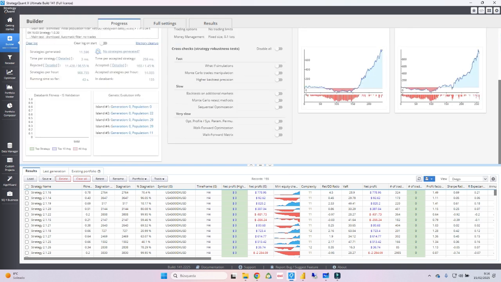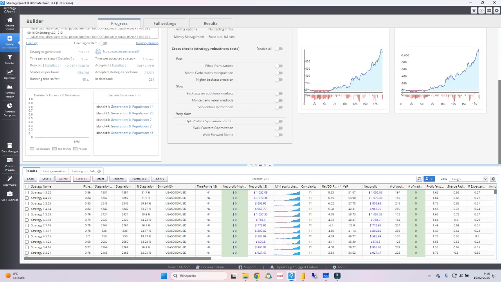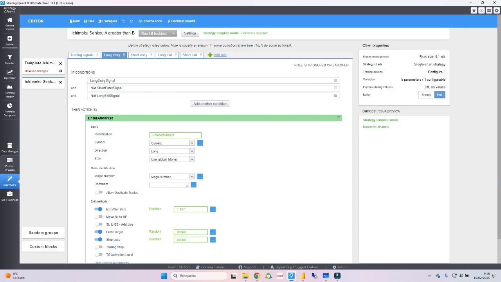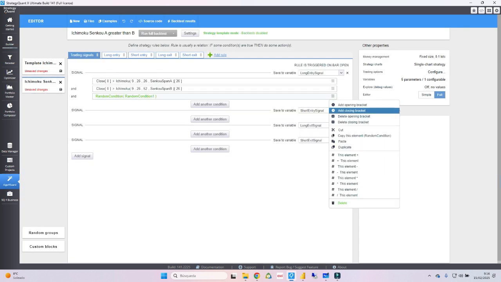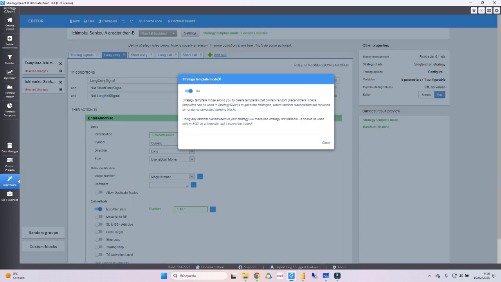Let's order this by return drawdown, right? So look, you see the strategy that we created at the beginning didn't have this, didn't have this, and we said we are going to remove this.